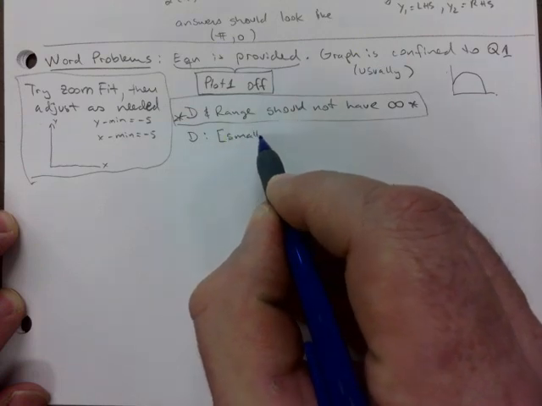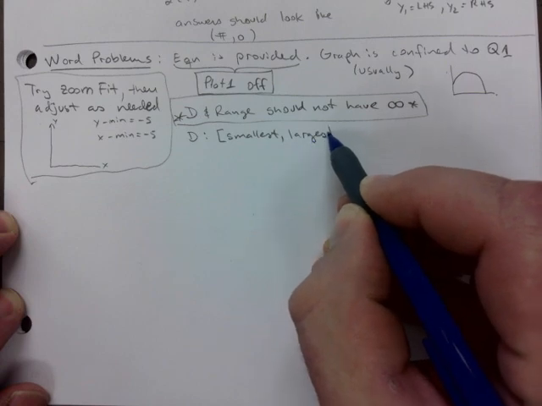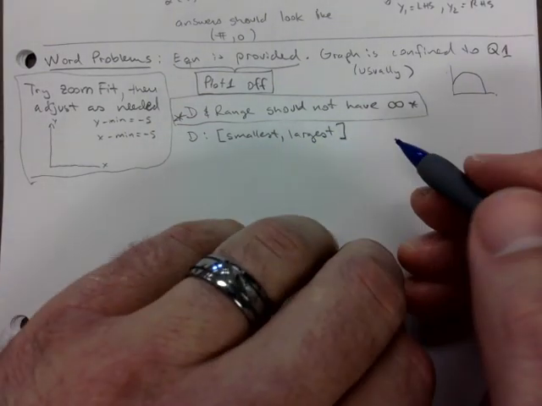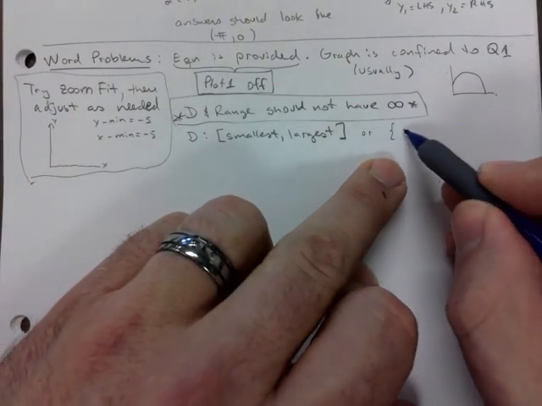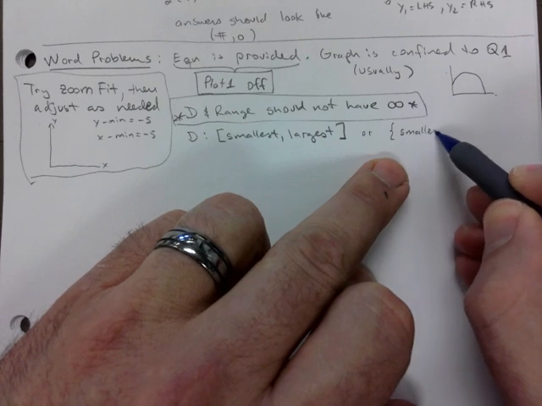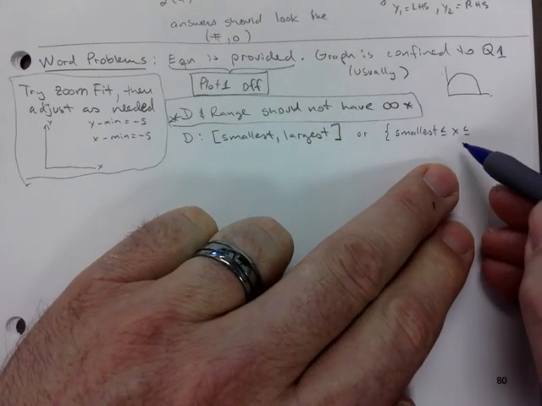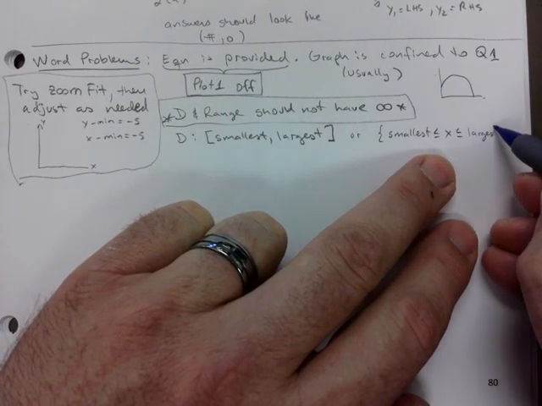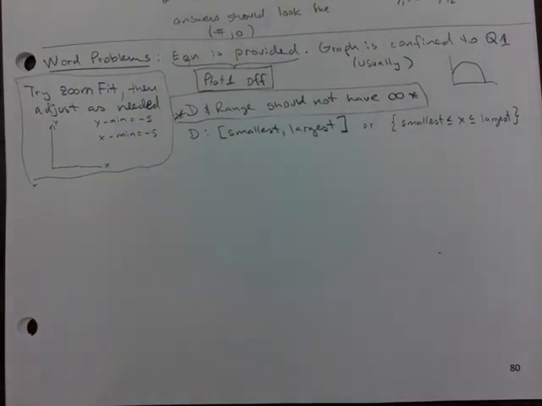It should be the smallest followed by the largest. And there should be square brackets if you're doing interval notation. Or if you're doing set notation, that'd be smallest, and then the variable, whatever variable is in the equation, and then largest, and then squiggly brackets like that. Okay, so keep that in mind.